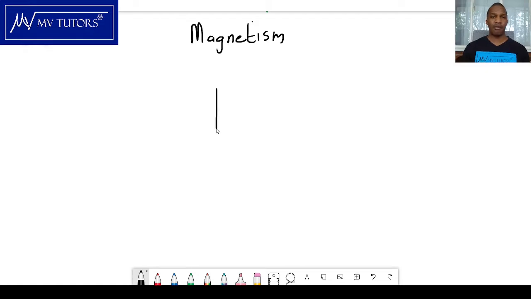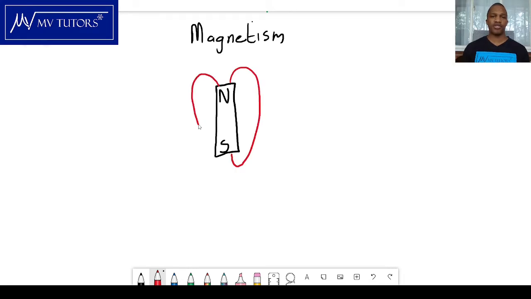So a magnet always has a north pole and a south pole, right? So that's my typical magnet. Now, if you know about magnets, this is just a revision of grade 11 stuff. Let me just draw. Now this is the magnetic field.